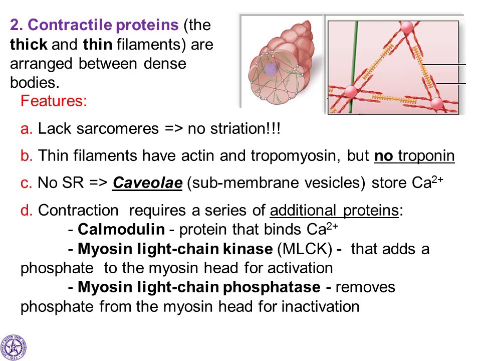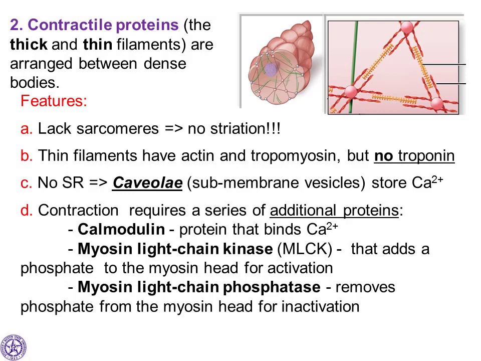We've replaced them with dense bodies and dense plaques. And as we instruct this muscle to contract and we slide the actin along the myosin, just like we're going to do with our cross-bridge cycle, it's going to move the dense bodies and dense plaques closer to each other.